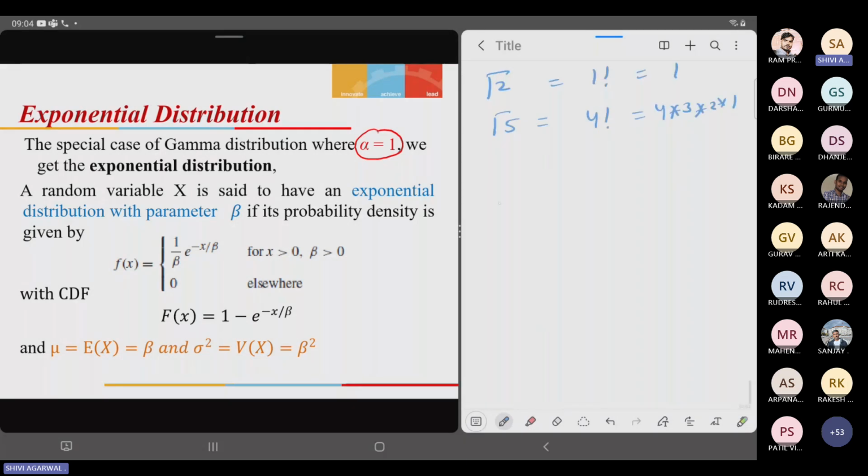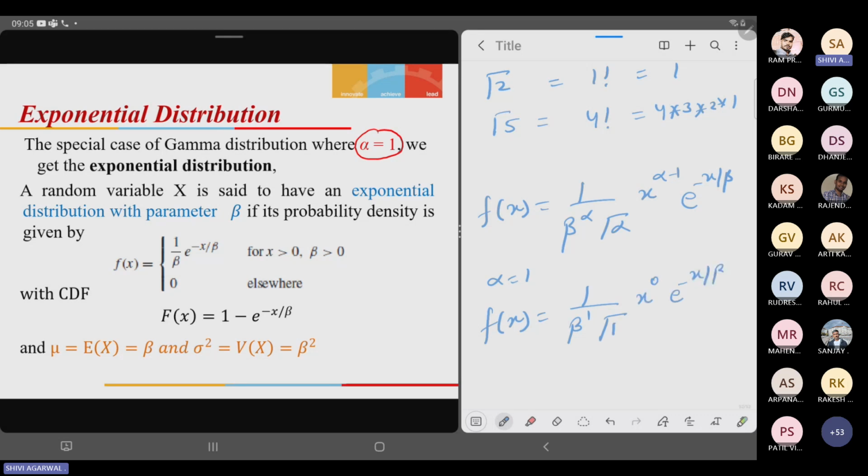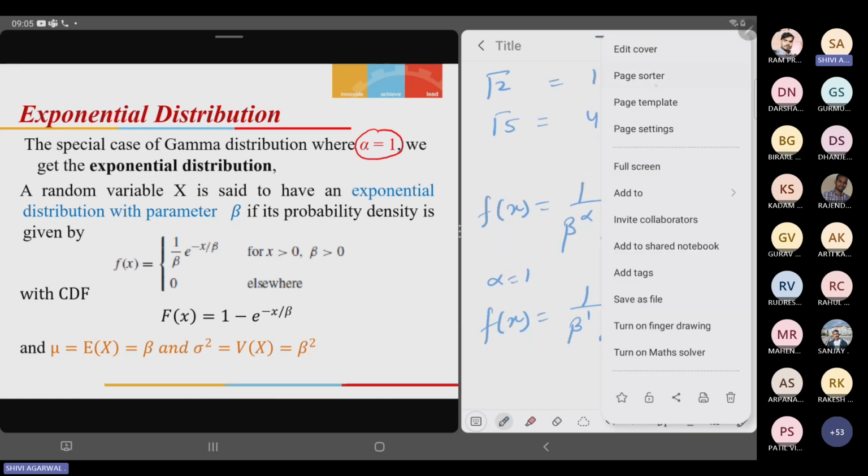You can see here the gamma distribution: 1 upon beta to the power alpha, gamma function of alpha, x to the power alpha minus 1 and e to the power minus x by beta. Put alpha equal to 1, so this f(x) will become 1 upon beta to the power 1, gamma function of 1, x to the power 0, e to the power minus x by beta. We can simplify it. Just give me 1 second.